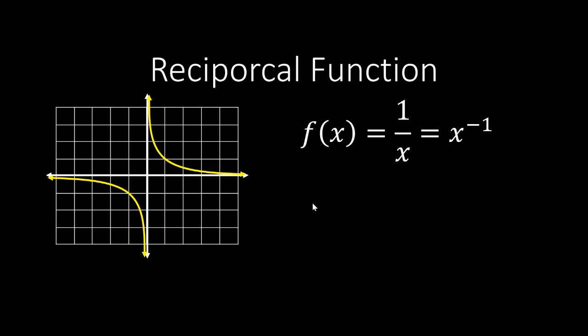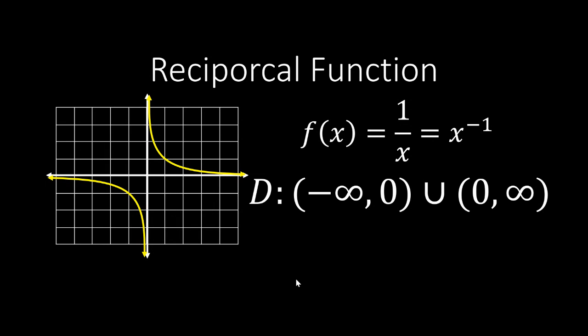It looks like that. 0 doesn't work, but every negative value will work, and every positive value along the x-axis will also work. So 0 is the only one we don't get to include, which means the domain is negative infinity to 0, we don't get to include the 0, with a union of 0 to infinity. So this is basically saying every number on the planet except 0.